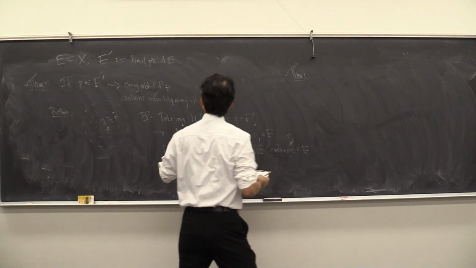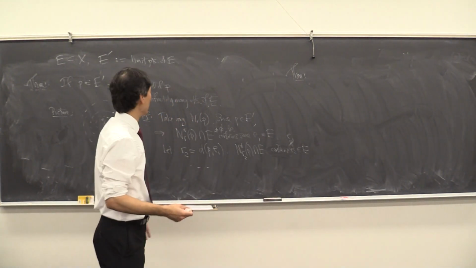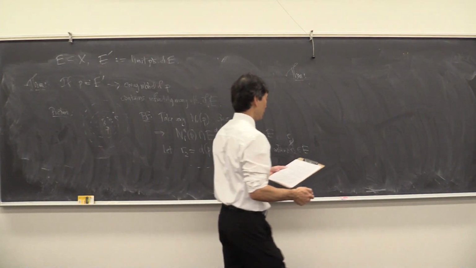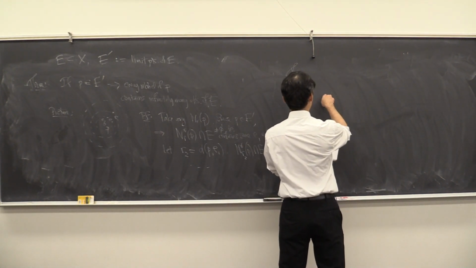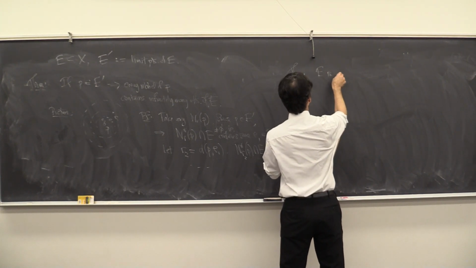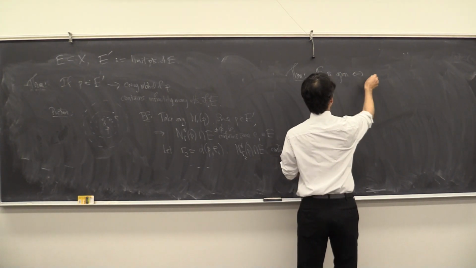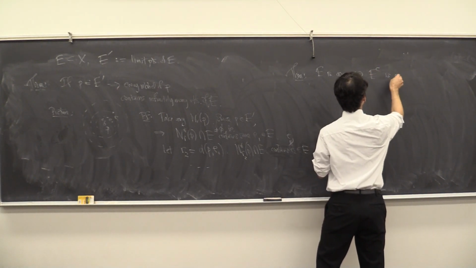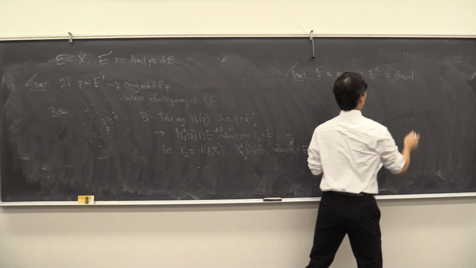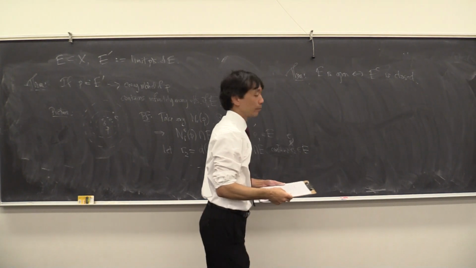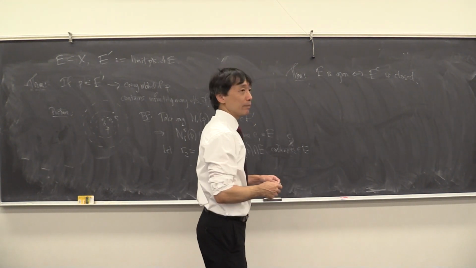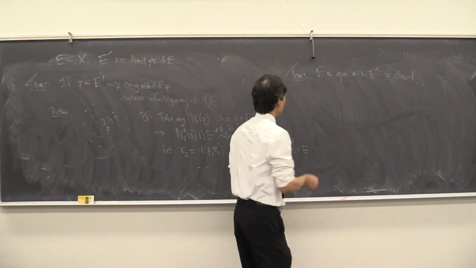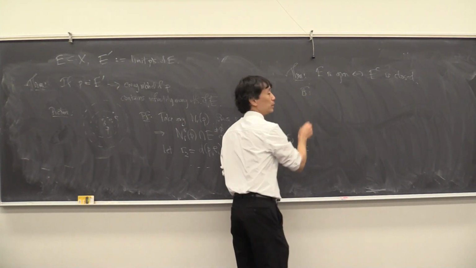So that's kind of a useful theorem. Here's another one that's important. E is open if and only if E complement is closed. In some books, that's actually how they define closed sets.